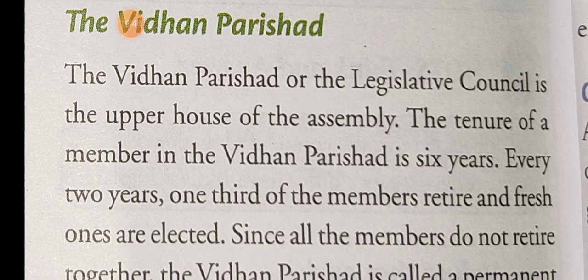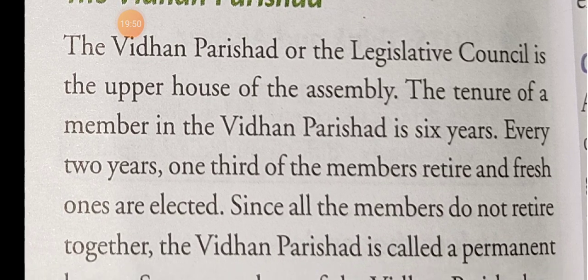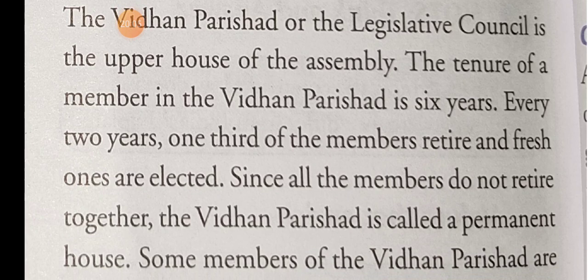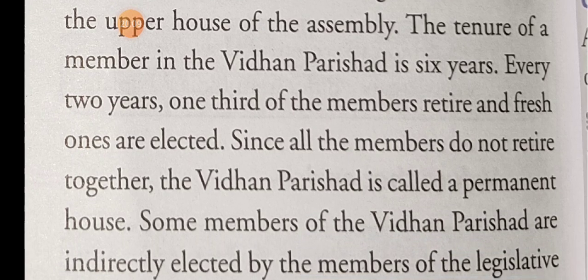And the tenure of the members of Vidhan Parishad is 6 years, and every 2 years 1/3 of the members retire. How many members retire every 2 years? 1/3 members retire, and in place of these 1/3, fresh members are elected.